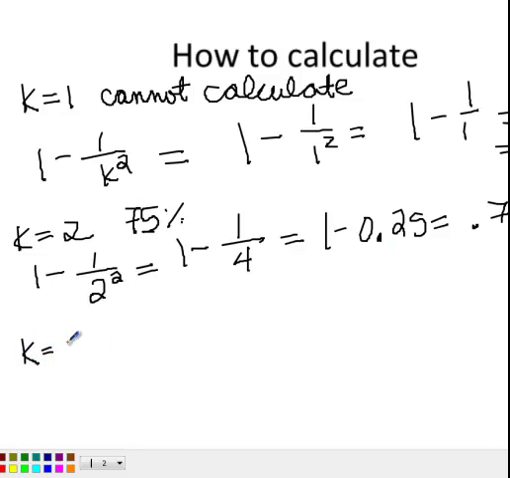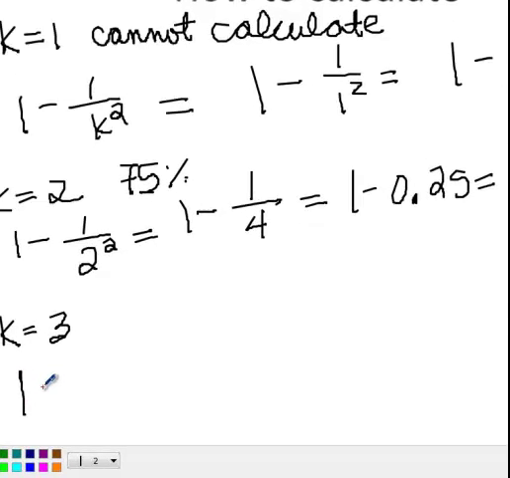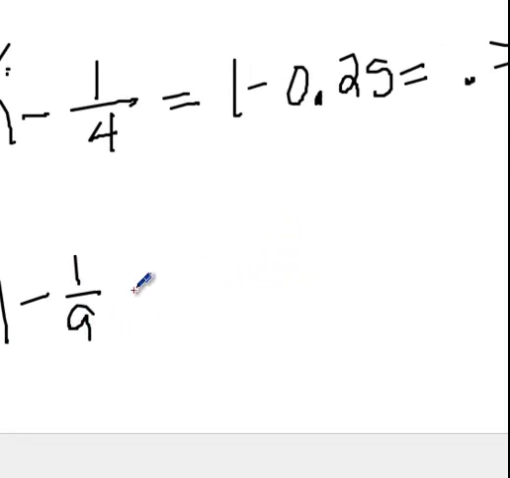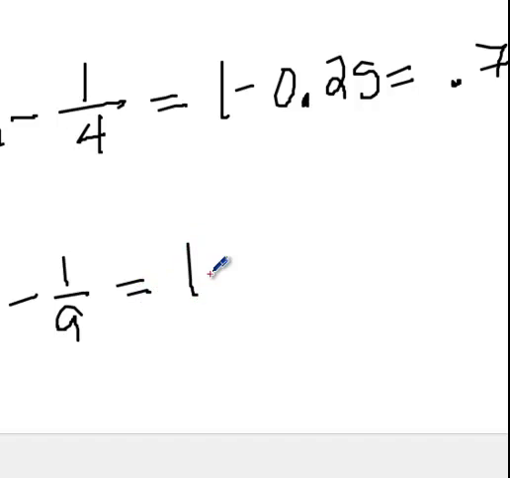Now let's say we have k is equal to 3. We want to know for 3 standard deviations. 3 squared is just 9. 1 over 9 is 0.11111. It keeps going. When you subtract it from 1, you get 0.8888. It keeps going.